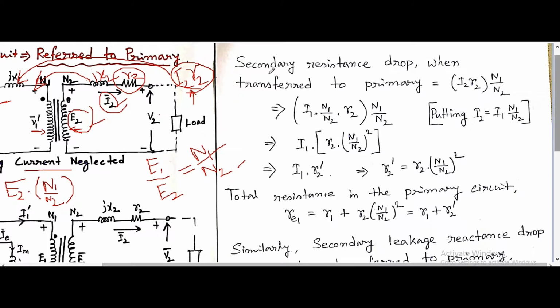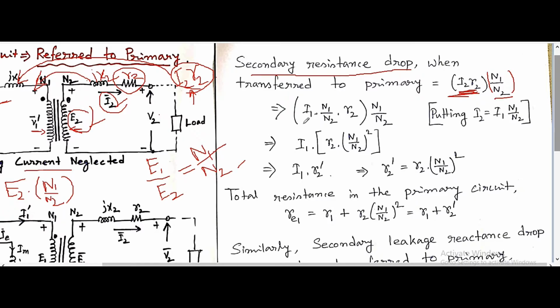So when I2R2 is transferred to the primary, we multiply it by the turns ratio N1 by N2.